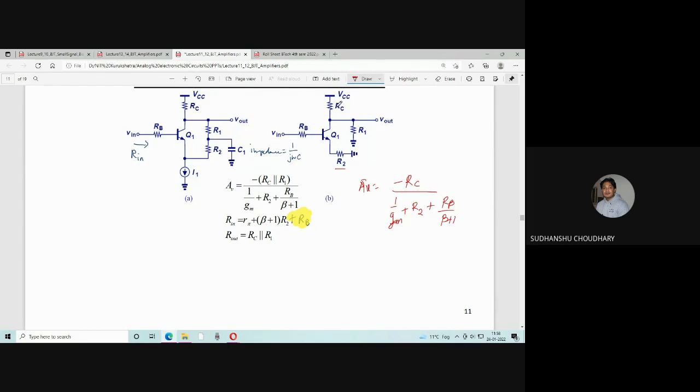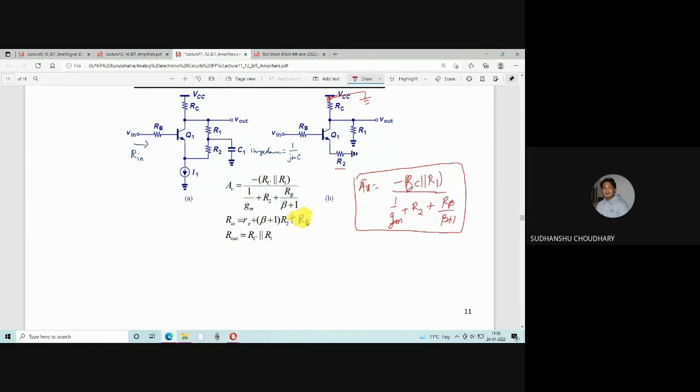When I draw the small signal model, this VCC will be grounded, shorted to ground, so I'll get RC in parallel with R1. So I should write RC in parallel to R1 also in the gain, right? So the gain of this complex circuit is simply found here.